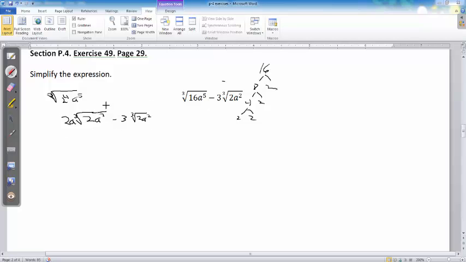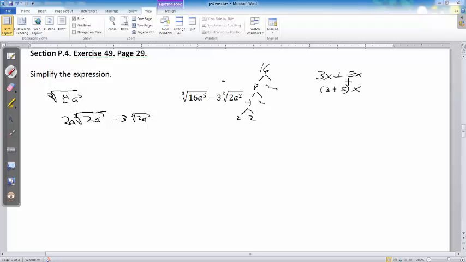But I'll tell you what WebAssign wants. It generally wants you to go ahead and take it one step further and do a factoring out step. Let me explain why. When you do combining like terms, the reason you can do it is you can factor out the common x and then you can add them.